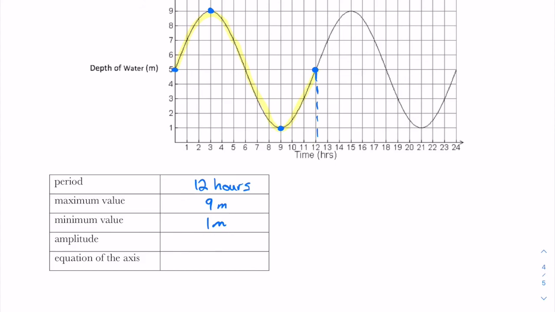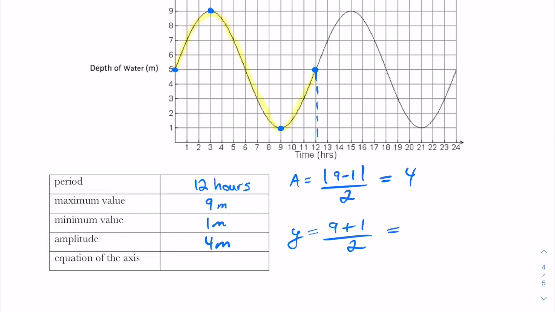And then the next two require us to answer amplitude and equation of axis. So the amplitude would be the absolute value of max minus min over 2, so that would be 9 minus 1 all over 2. That's just 8 over 2, which is 4. And the equation of the axis would be max plus min over 2.